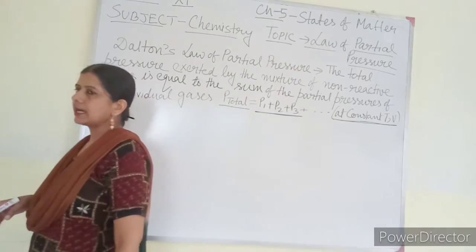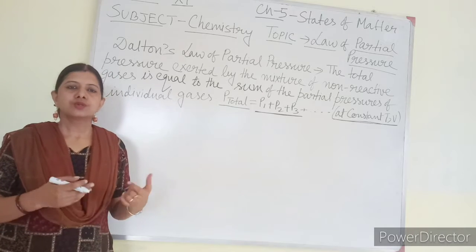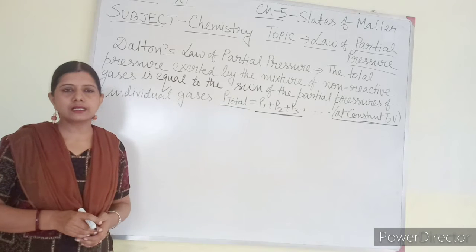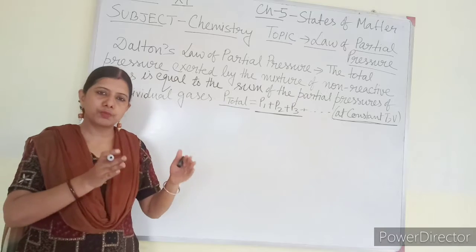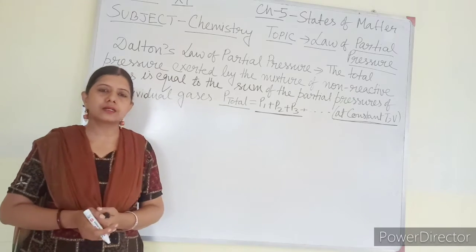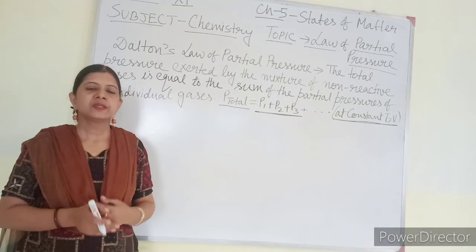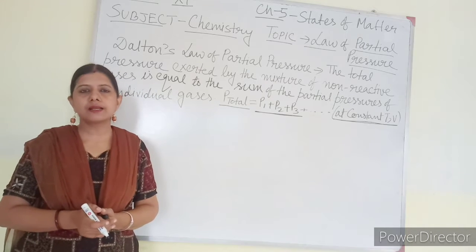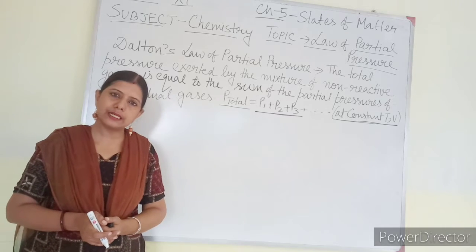Constant volume means inside a container I have taken the mixture of gases, so the volume is same. Now mathematically I will relate the partial pressure with the mole fraction. So how to relate that? Suppose 3 gases are taken together. The gases are having pressure as P1, P2 and P3. Each is exerting pressure P1, P2 and P3 on the walls of the container. They have been taken in a container whose volume is V at temperature T. Now number of moles of each gas is definitely different.